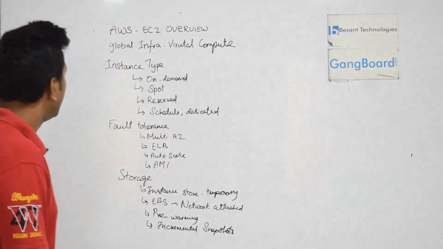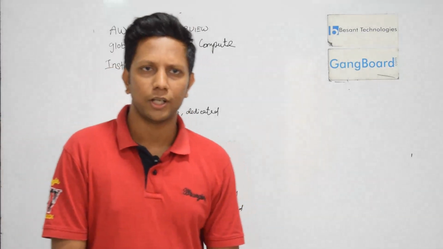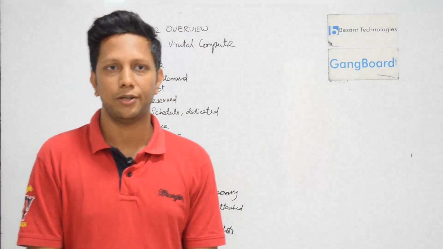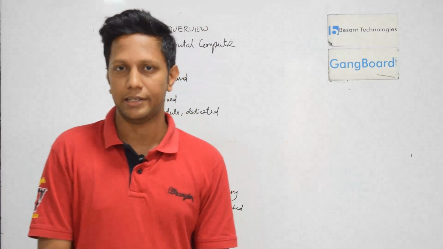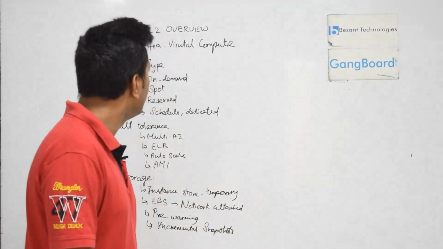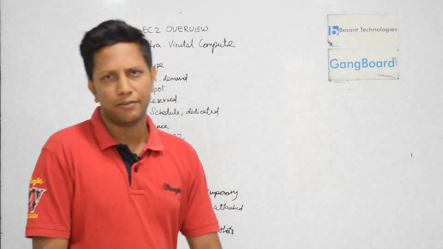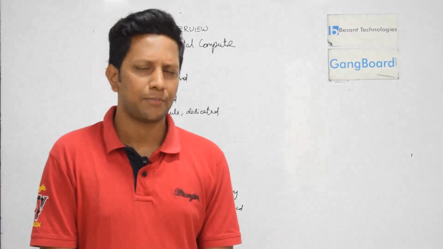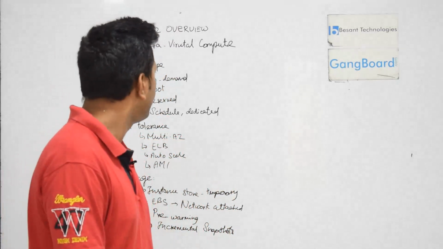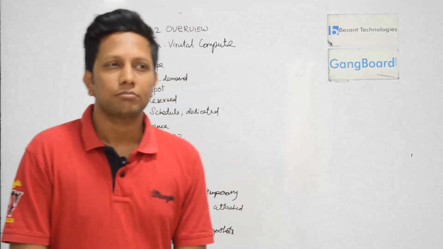The first one is the instance type. When you set up an EC2 instance on your infrastructure, you have to see what kind of server set is really required, based on your requirement. On-demand, spot, reserved, and a few other instance types are available. Each has its own functionalities and characteristics.